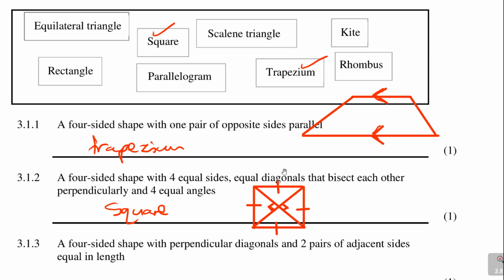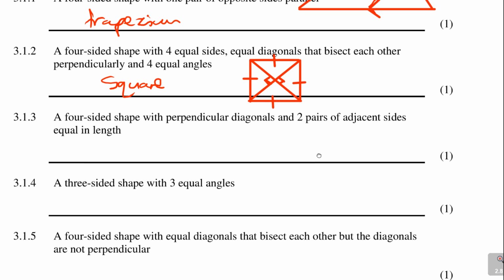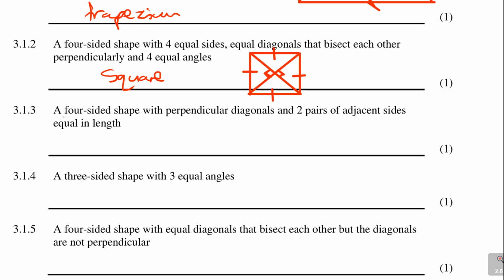Alright, but if I miss it, you guys correct that. A four-sided shape with perpendicular diagonals and 2 pairs of adjacent sides equal in length. So the diagonals are perpendicular and 2 pairs of adjacent sides are equal. It's more like this. You need to know this shape.